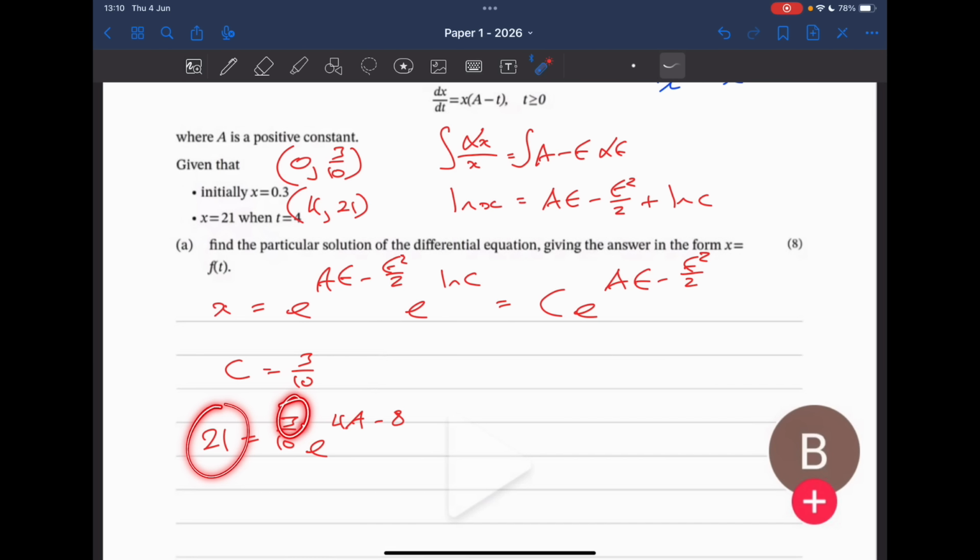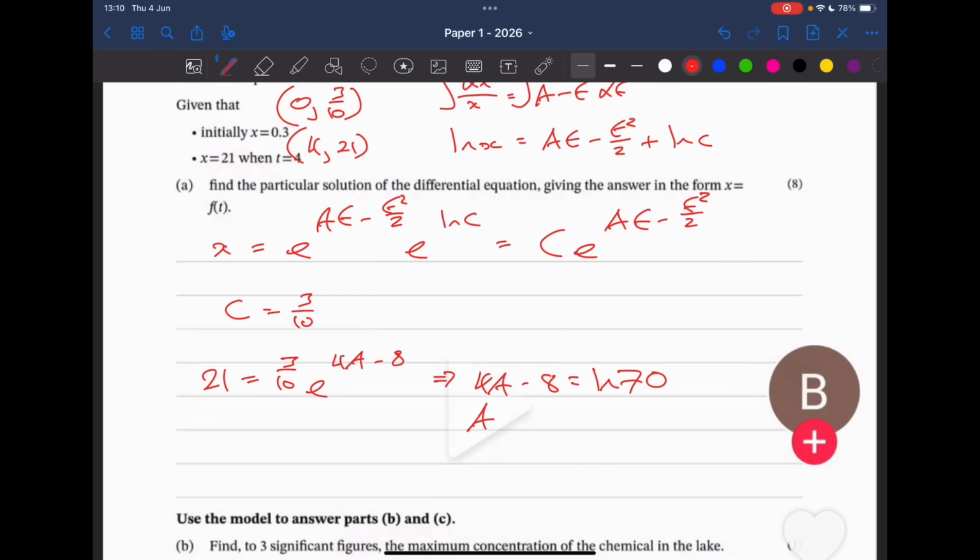Dividing this by the 3 is a 7, times it by the 10 is a 70. So this thing is equal to log 70. And therefore a is going to be equal to the log of 70 plus 8, all over 4. You could write this as 2 plus a quarter log 70 as well. Either way, it's going to be fine.